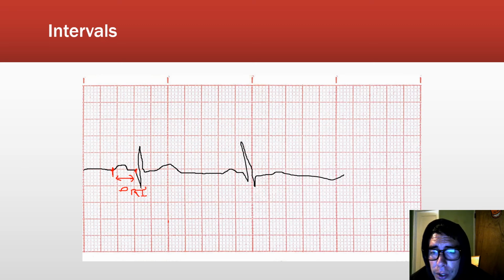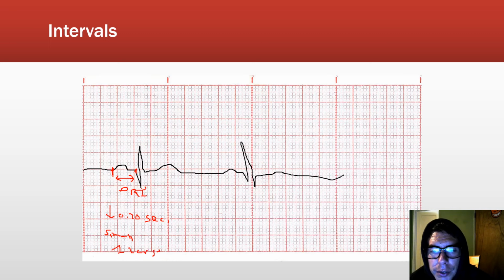So we measure how long it takes, and it should be less than or below 0.20 seconds, which, if you recall, is 5 small boxes. So 5 small boxes, or should be less than 1 large box.